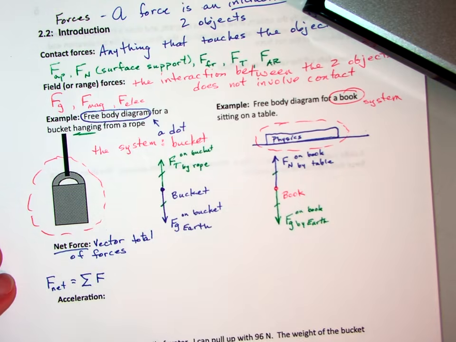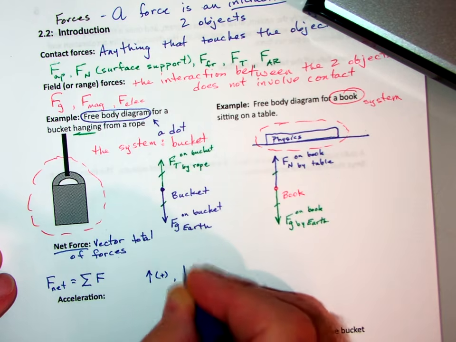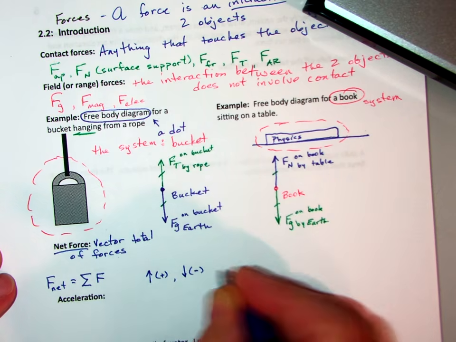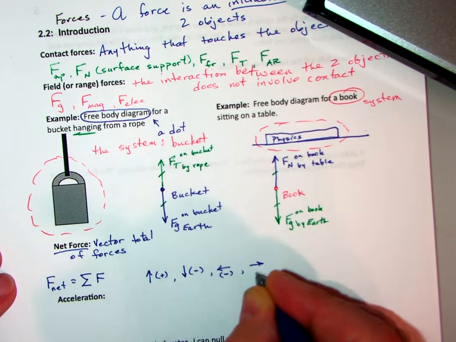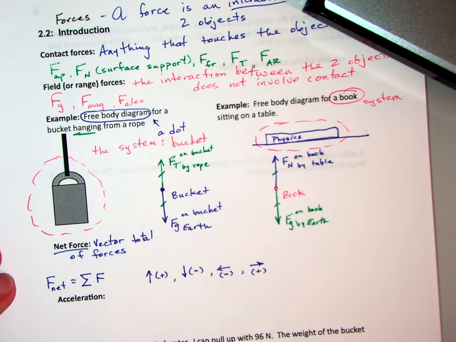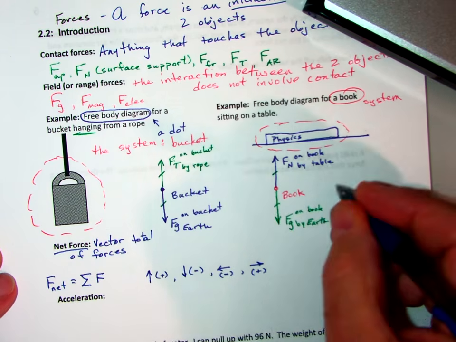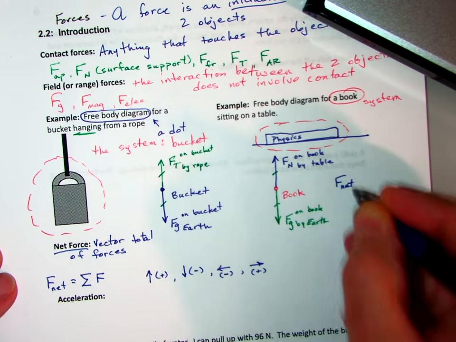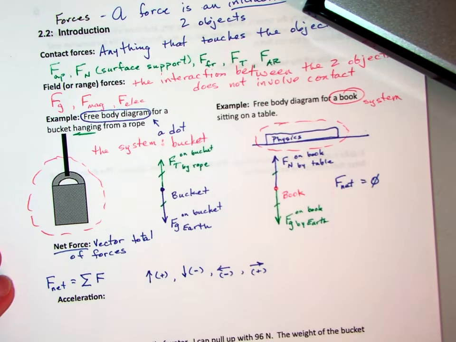By convention, we say that forces upward are positive, forces downward are negative, forces to the left we tend to call negative, and forces to the right we tend to call positive. In both of these cases, the net force acting on the bucket and the net force acting on the book is zero.